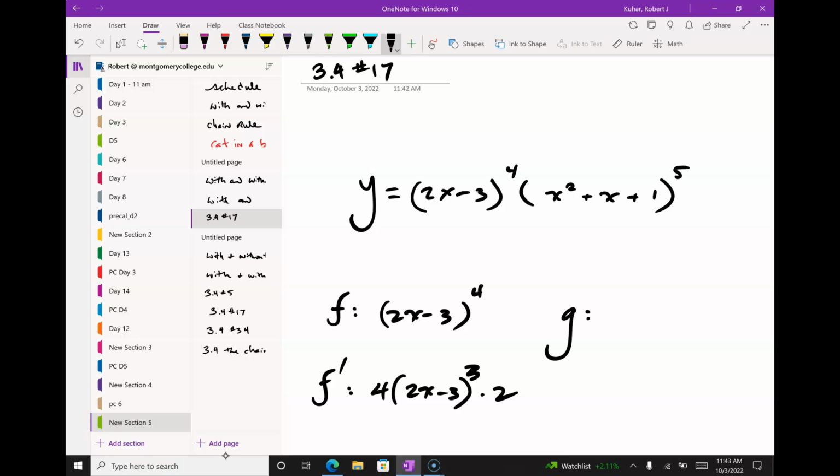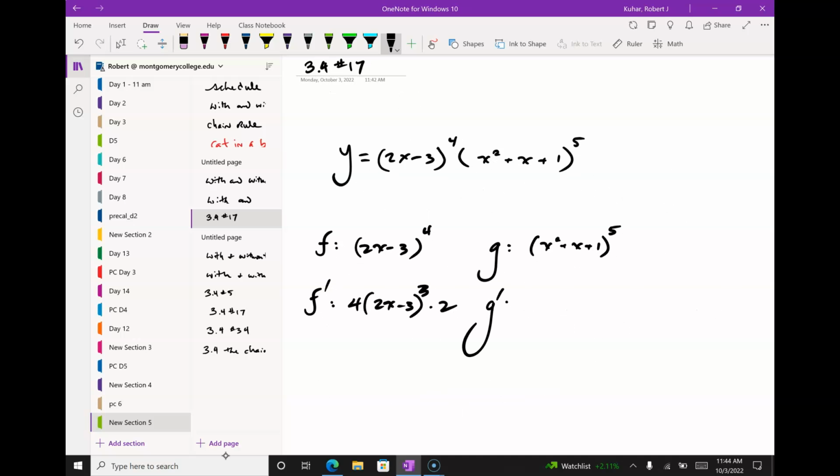Second function, x squared plus x plus 1 to the fifth power. Derivative: 5 times that sum, but to the fourth power, times what? Yeah, 2x plus 1.